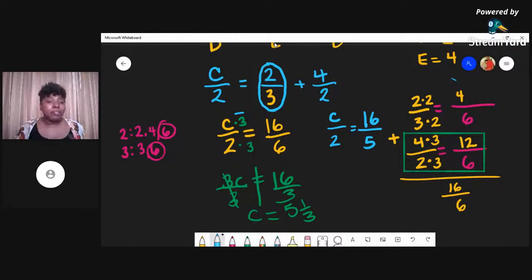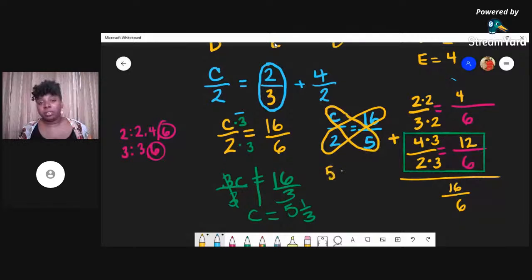Or if you were following me with our second guess, you can cross multiply. Okay. And you would get 5C equals 32. And then either way you do it, you're going to get 32 fifths. So that part doesn't matter. But I just wanted to make sure you were good with that.